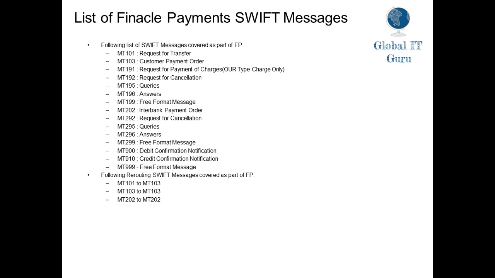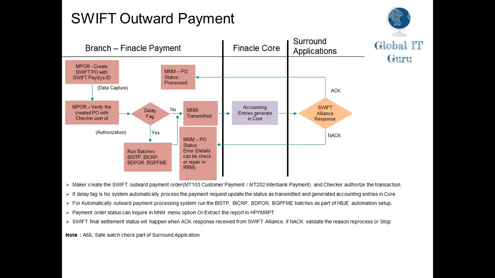Okay, now moving to the next slide, we have the Swift outward payment. Basically, this diagram I have created for all the payments like RTGS, NEFT, all payment systems will work in this workflow. This is the Swift I have created, but we can utilize this for other payment systems also.